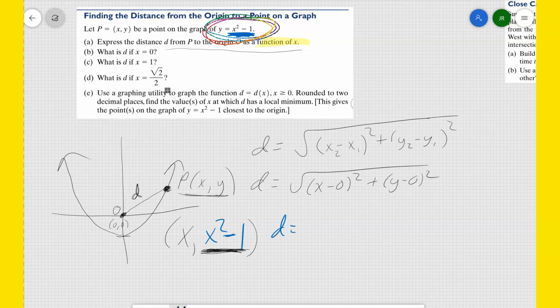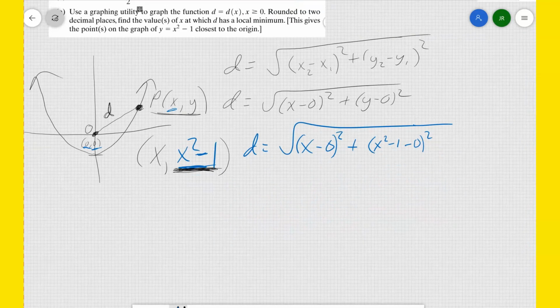Now let me redo my distance formula. D equals the square root of (x minus 0) squared plus (x squared minus 1 minus 0) squared. Let me clean this up. So D equals the square root of, what's x minus 0?